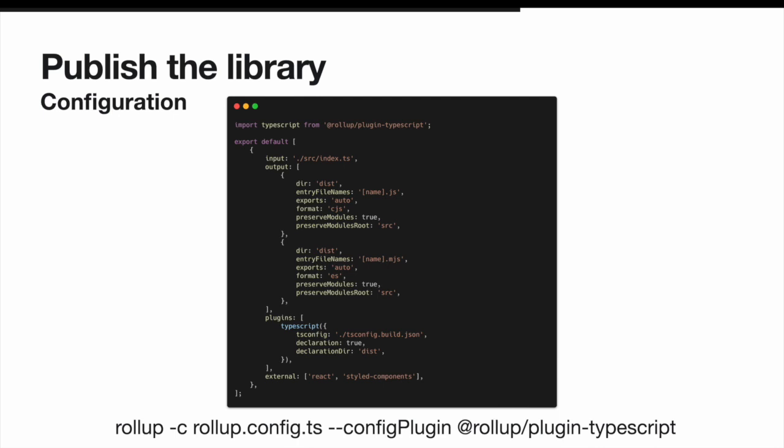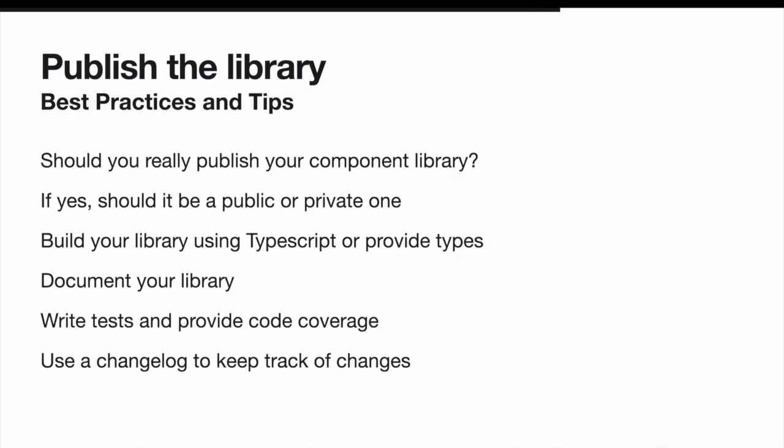And when you've got that, simply run rollup -c, specifying the config file with the TypeScript plugin. And because we are publishing a public library, you just log into npm and run npm publish. And here we go, everything is online and ready to be installed by everyone wishing to.